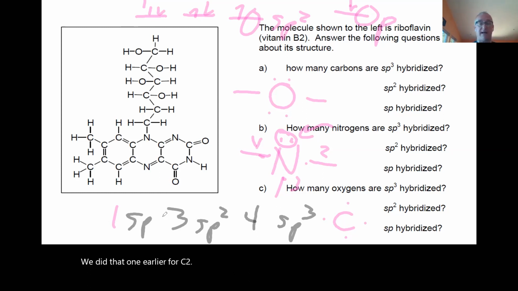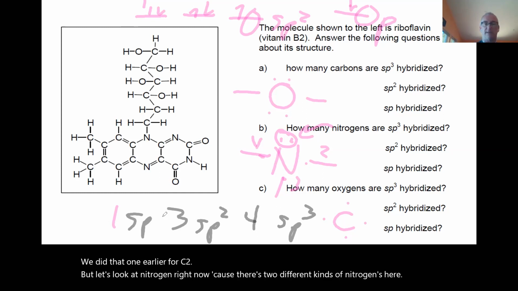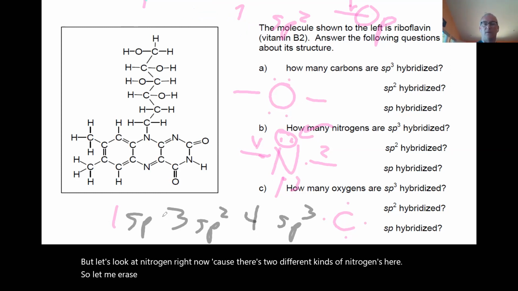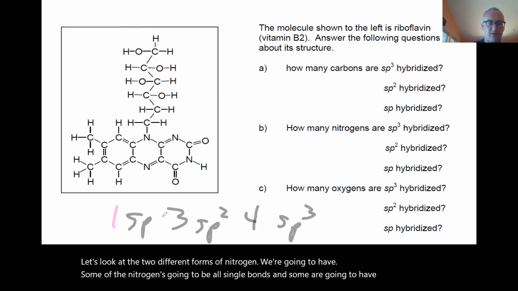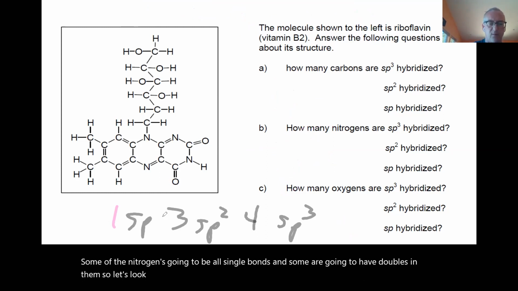But let's look at nitrogen right now, because there's 2 different kinds of nitrogens here. So let me erase some of this stuff. Let's look at the 2 different forms of nitrogen we're going to have. Some of the nitrogens are going to be all single bonds, and some are going to have doubles in them. So let's look at one that has a single, one that has a double. So here we have this nitrogen.